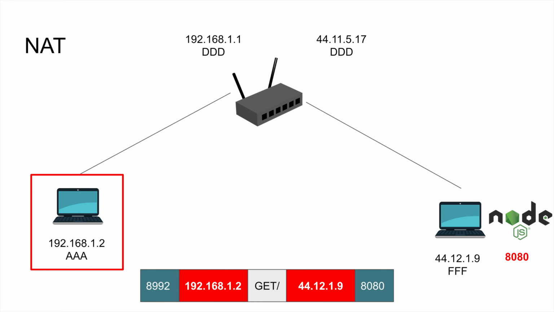No, because the first thing this machine does is say, all right, /24, 44.12.1, 192.168.1. Sir, you are not in my network, sir. I cannot find you. I will not find you if I do an ARP request. Okay, so we cannot find your MAC address.